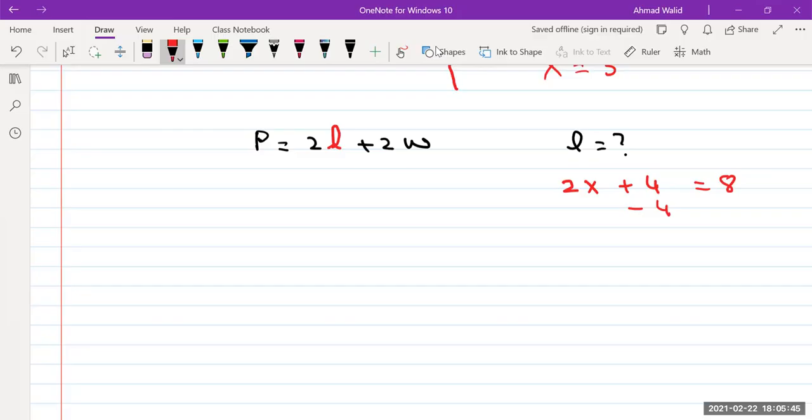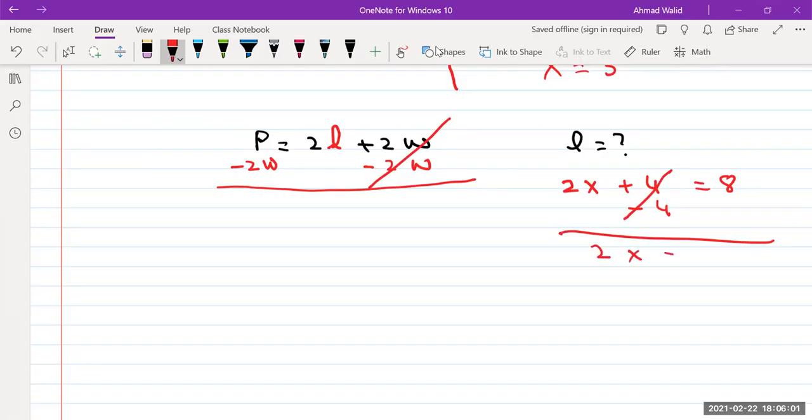My first step here should be to subtract 2W from both sides, to get rid of 2W from that side. These two cancel out here, these two 4s cancel out. Then 2x equals 4, right? Subtract 4, sorry, not 8, 4. 8 minus 4 gives you 4.